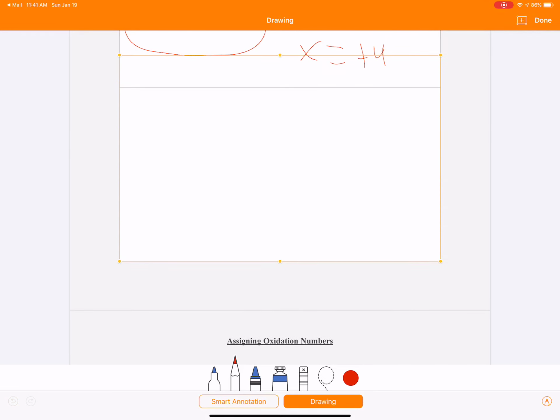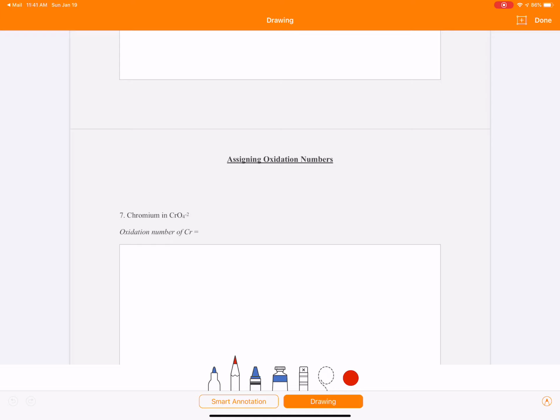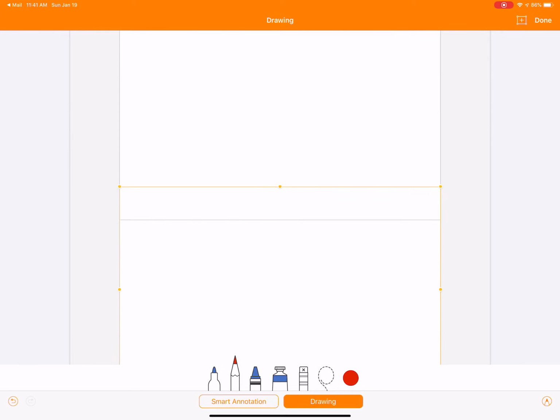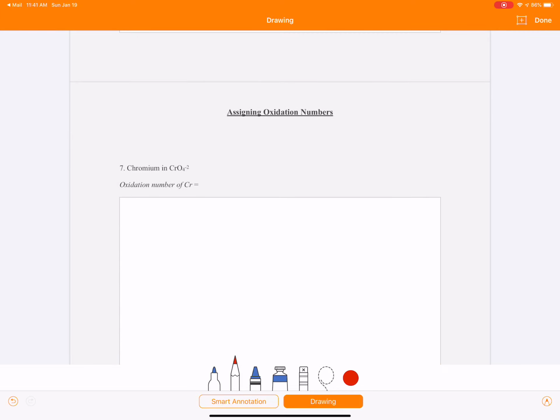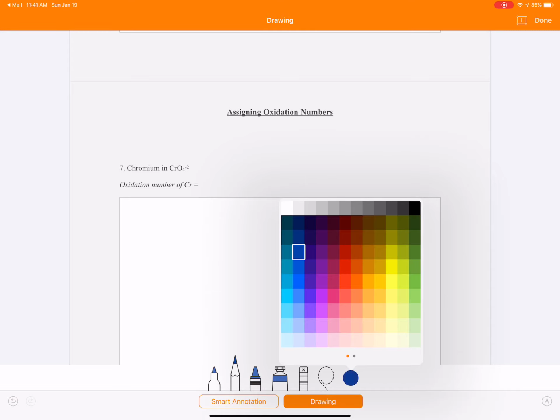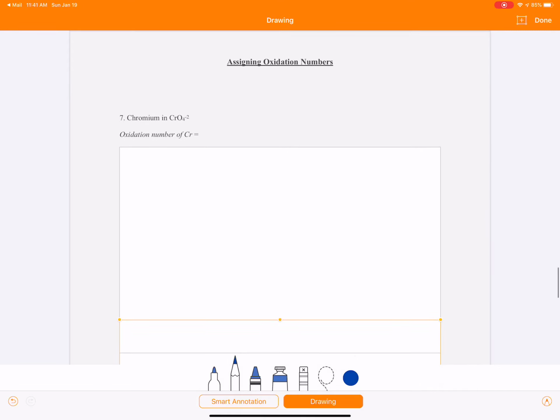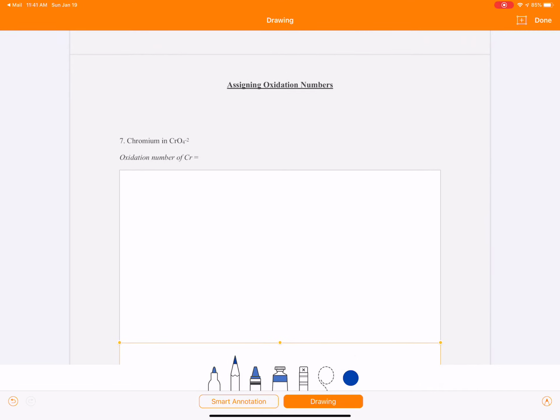Okay, last one. So here we are given chromate, another polyatomic ion. And we're told once again it has a -2 charge. So we're going to do a similar thing here. We know that oxygen has a fixed charge of -2. There's 4 of them here, so -8. So x minus 8 equals -2.